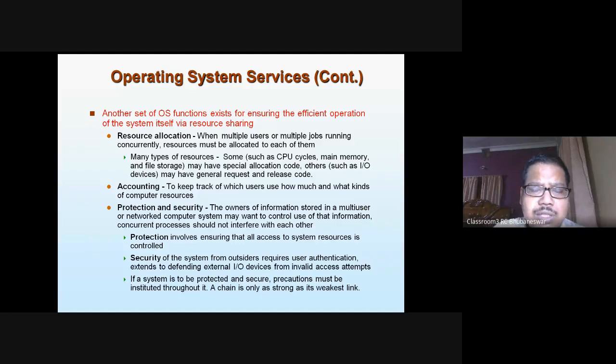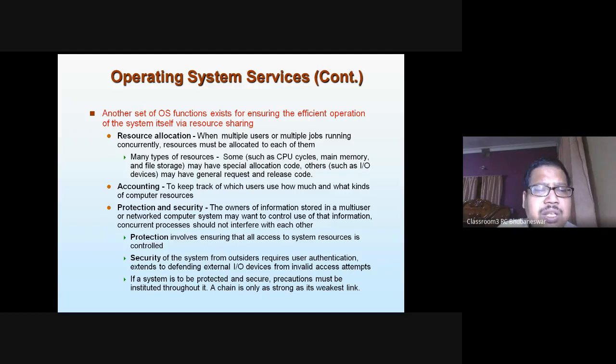Which resource is allocated, which is not allocated, which is free, which is in use, and how to allocate the resource, everything must be kept by the operating system, so that we can further do the actions.